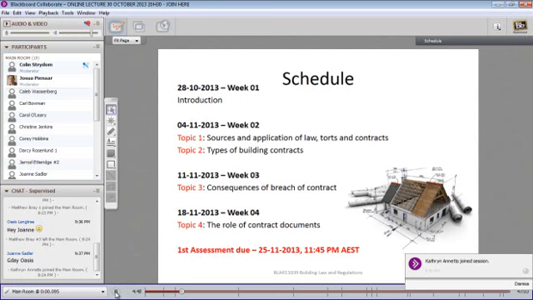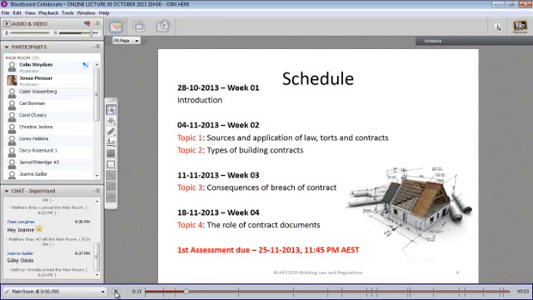We'll also look at common law, which is very much a law by example, and we'll go through that. We'll also touch on some aspects of legally enforceable agreements or enforceable contracts, what that really means and what effect that has on a building project, basically.